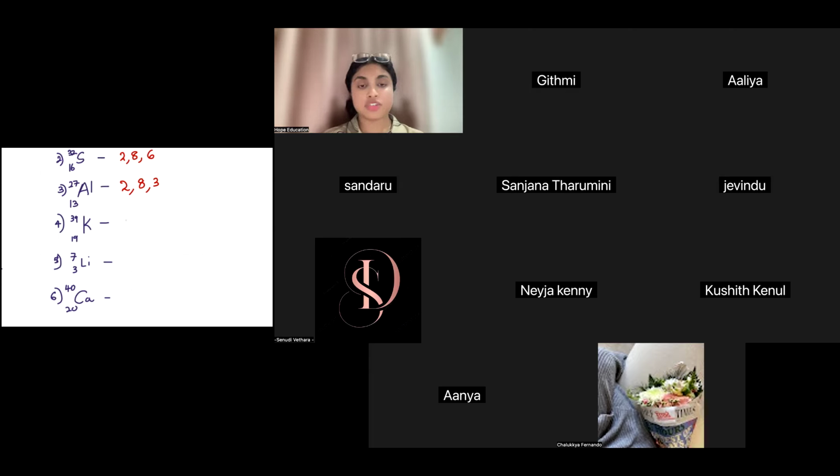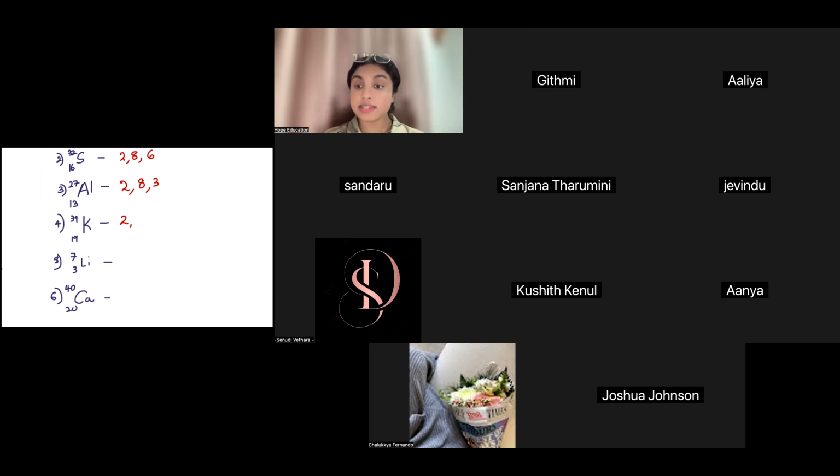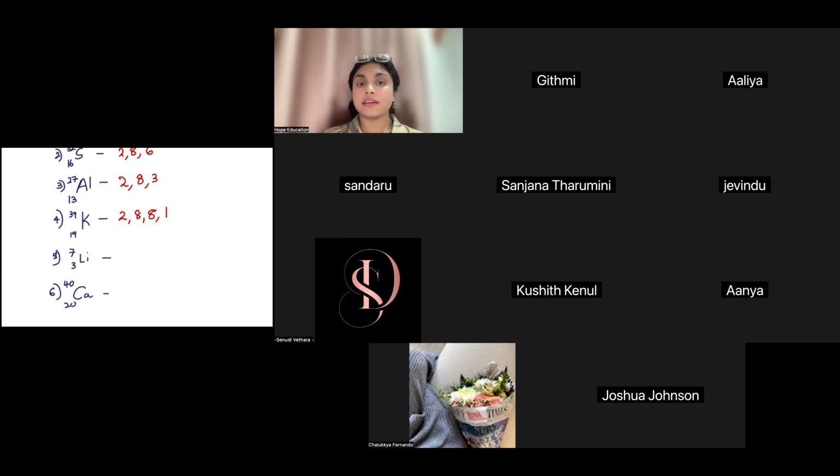First energy level 2, second energy level 8. Then 2 plus 8 is 10, and 19 minus 10 is 9. Third energy level 8 and fourth energy level 1. So 2 plus 8 is 10, 10 plus 8 is 18, 18 plus 1 is 19.